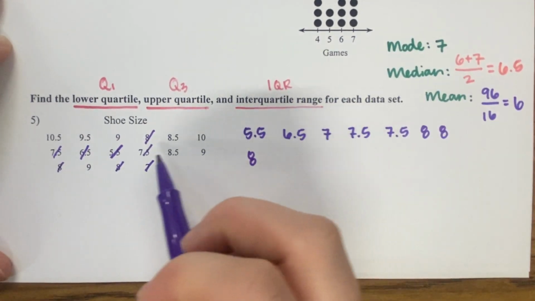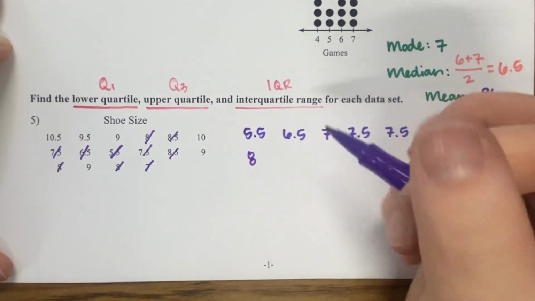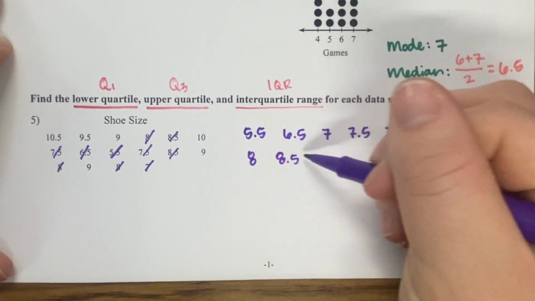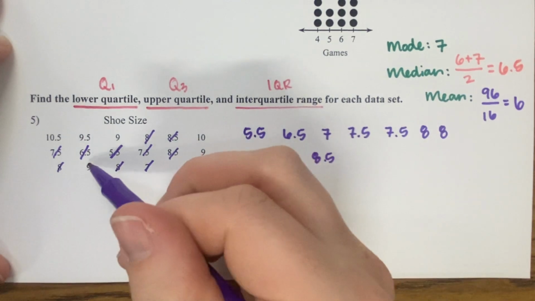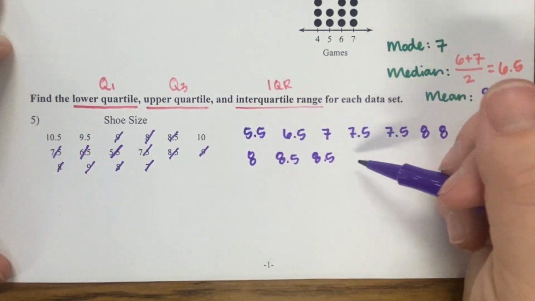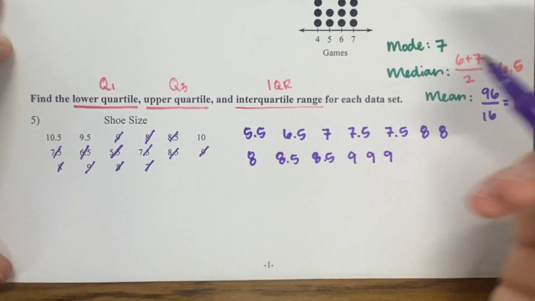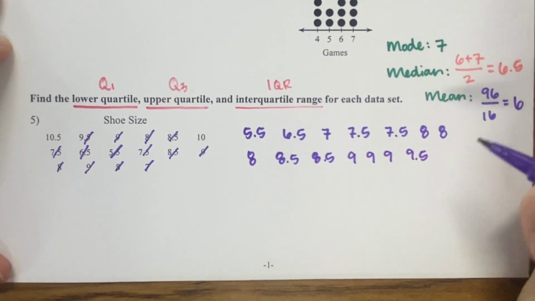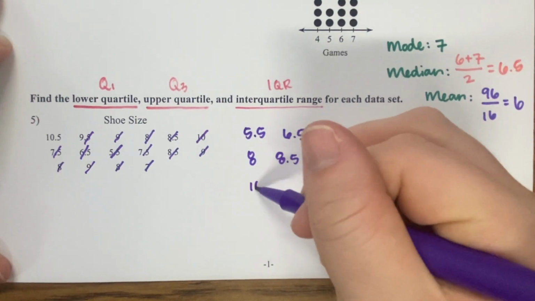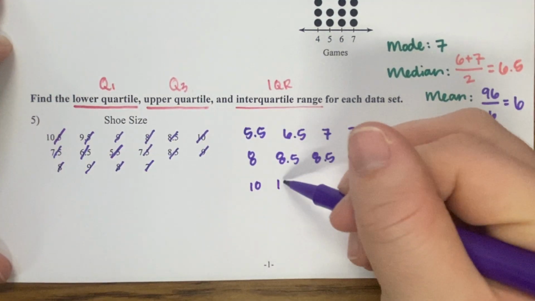Okay, 2 8.5s. Then I have 3 9s. 1 9.5. 1 10. And 1 10.5.